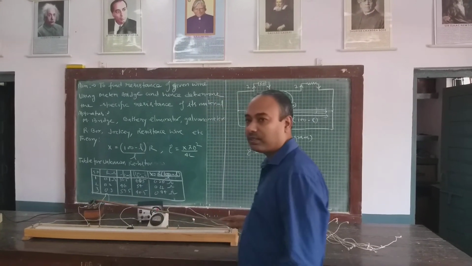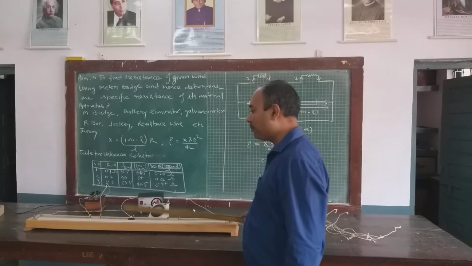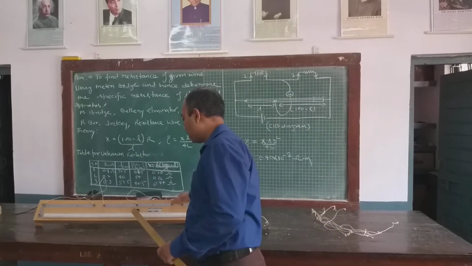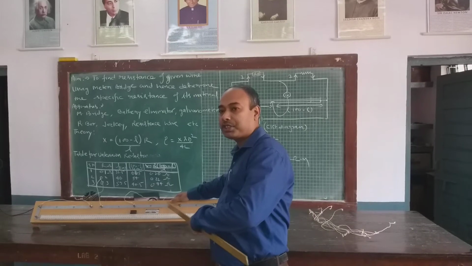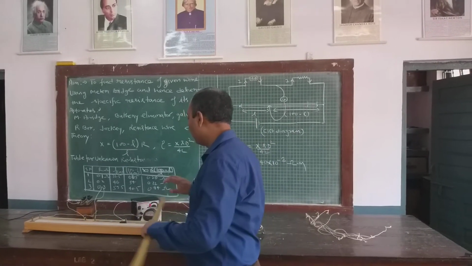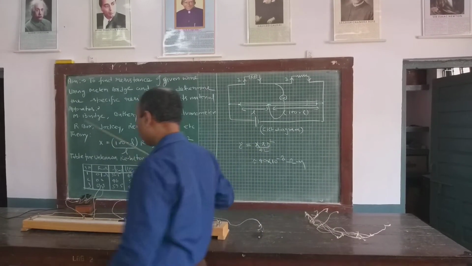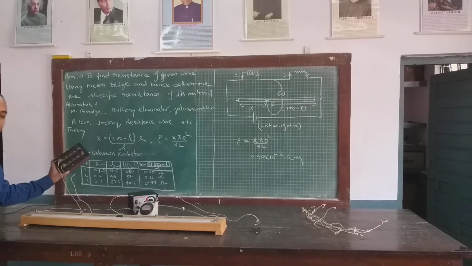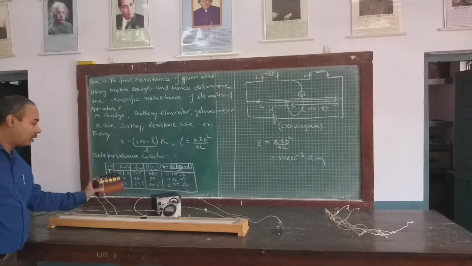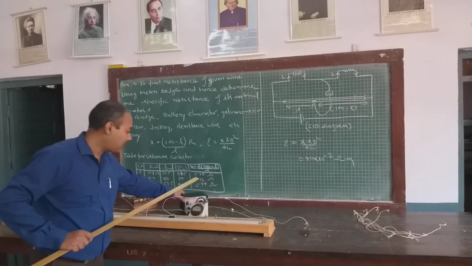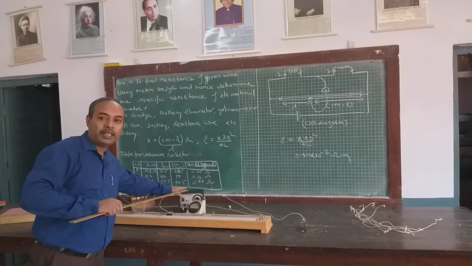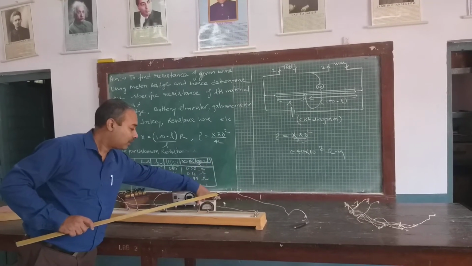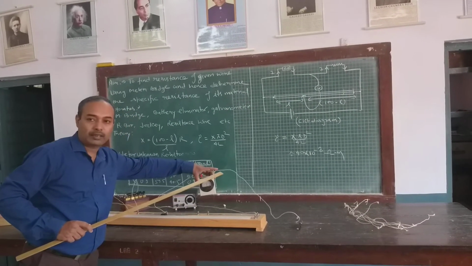This is the meter bridge apparatus. All of you can just see it that this is known as a meter bridge. Resistance box. This is the resistance box, and then there is a battery eliminator, and then there is a galvanometer.